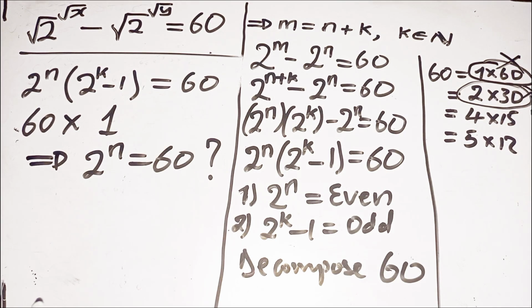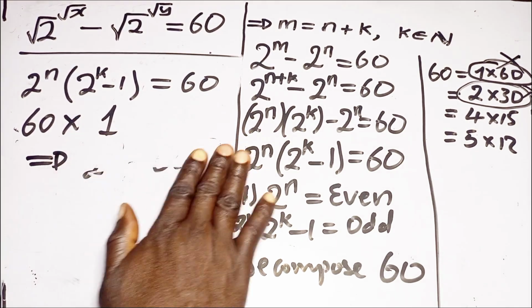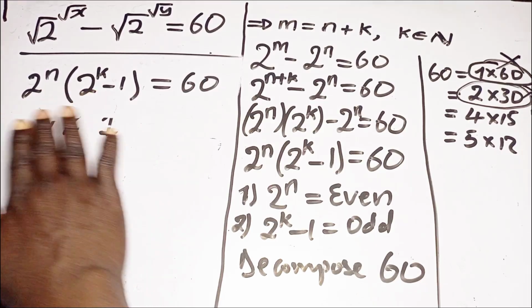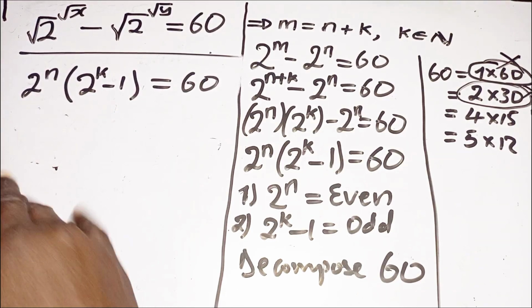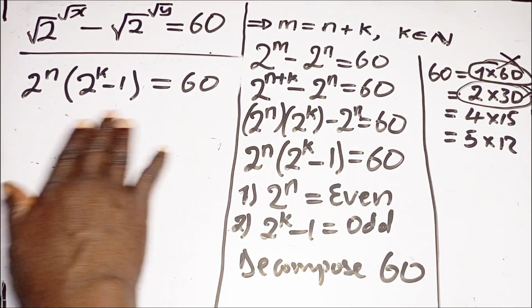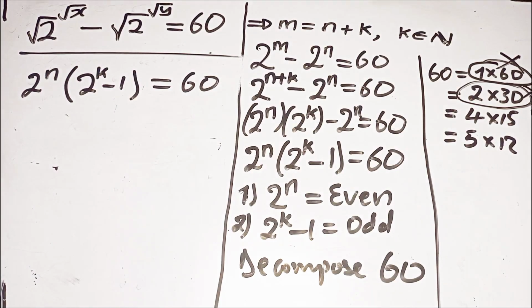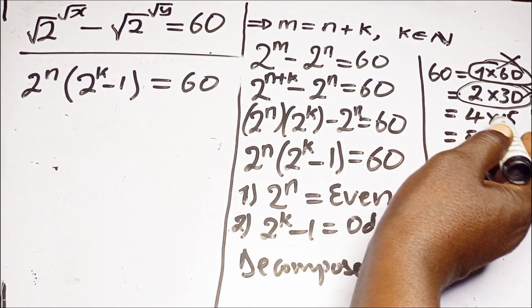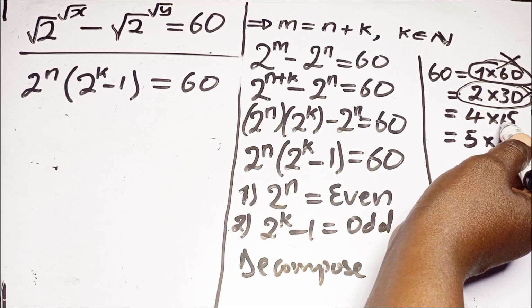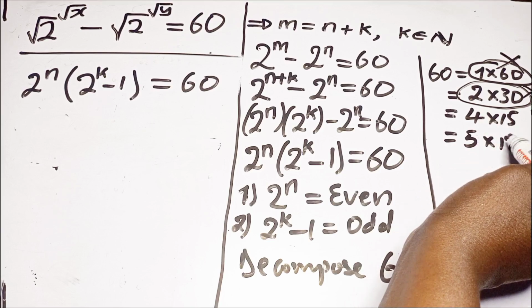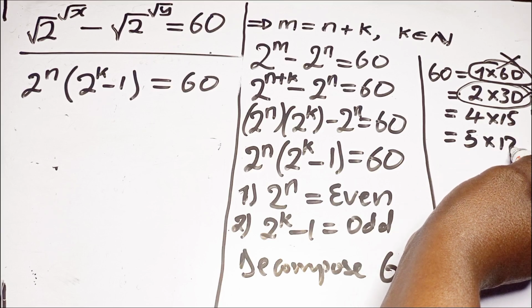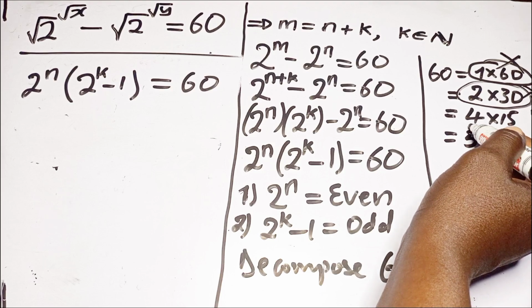Now let's take the other choice, 5 multiplied to 12. Let's take this one first.